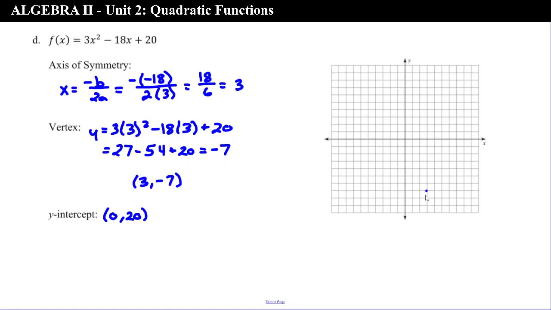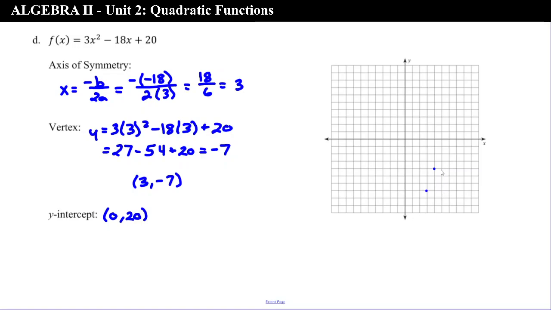Now let's see about that number out in front. So we know it's going to be concave up because it's positive, but we are stretching by a factor of 3. So we're going to go over 1 and up 3. And then we're going to go over 2, and instead of up 4, we're going to go up 12.